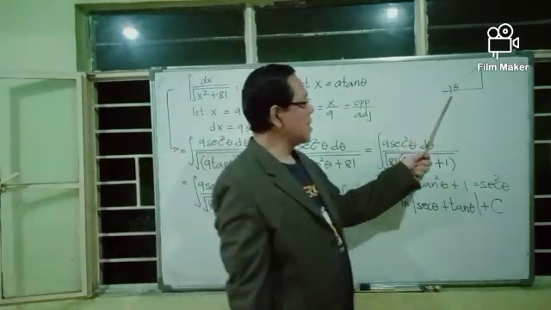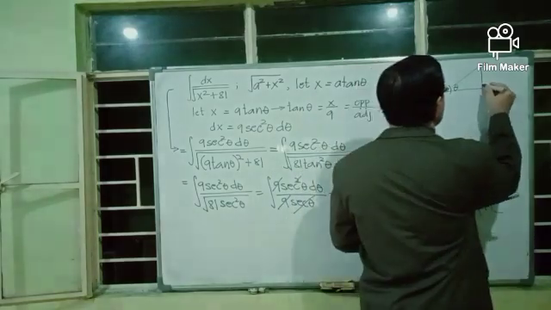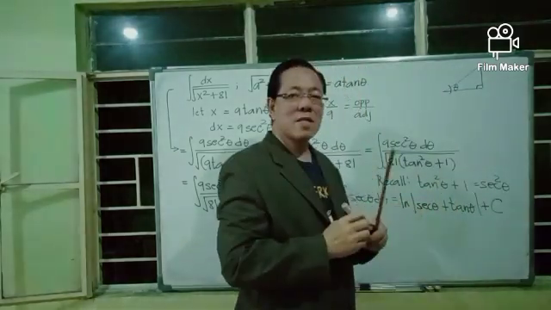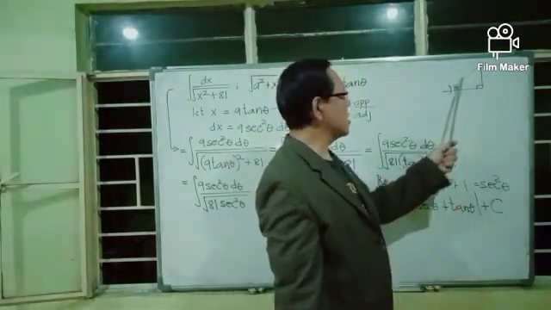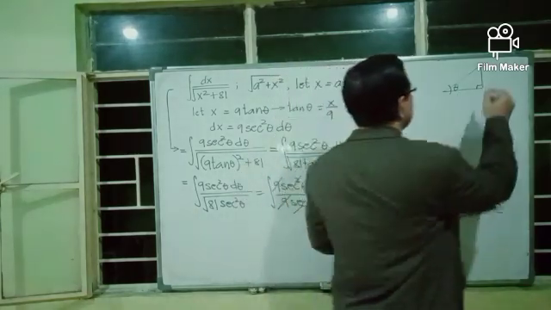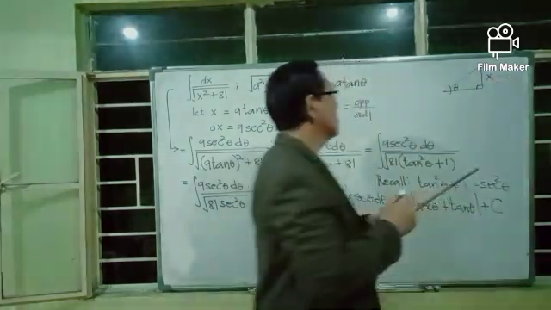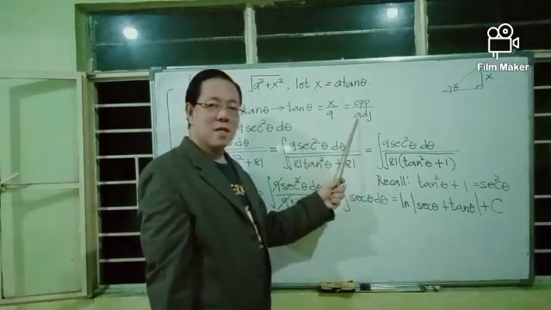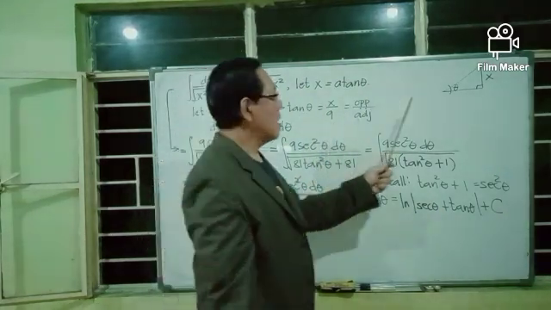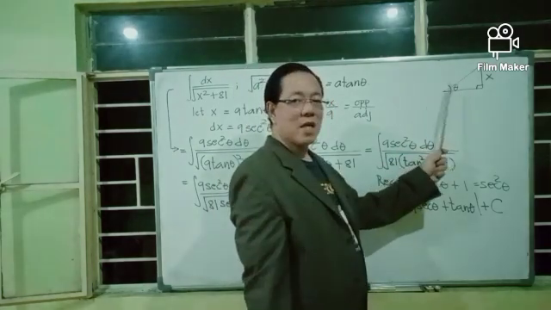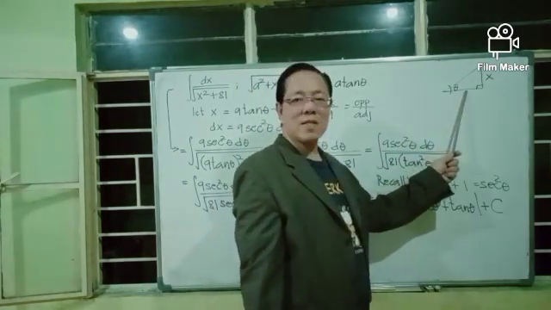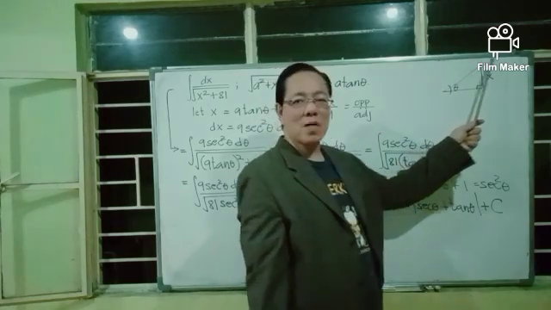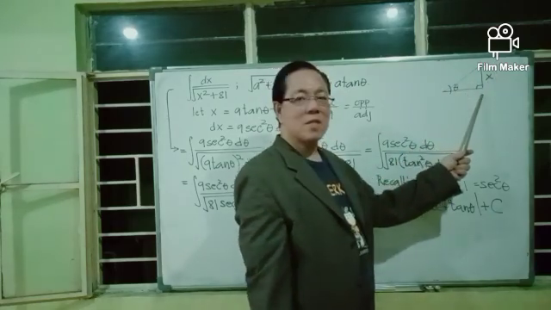Therefore, in the right triangle, we write x in the side opposite the angle theta. And the adjacent side is equal to 9. This is the side of the right triangle that makes the acute angle theta with the hypotenuse, which is the side opposite the right angle.